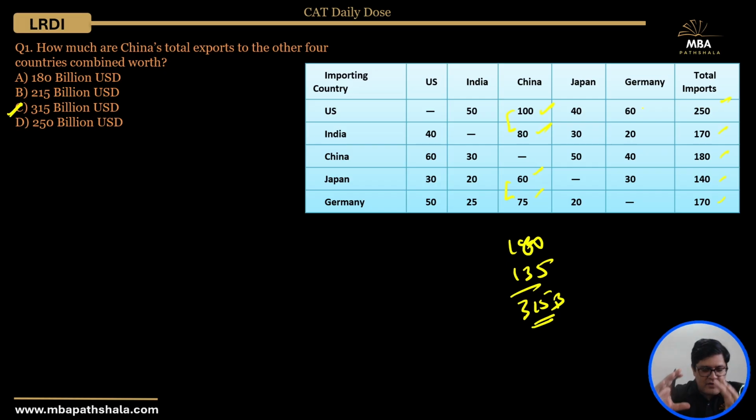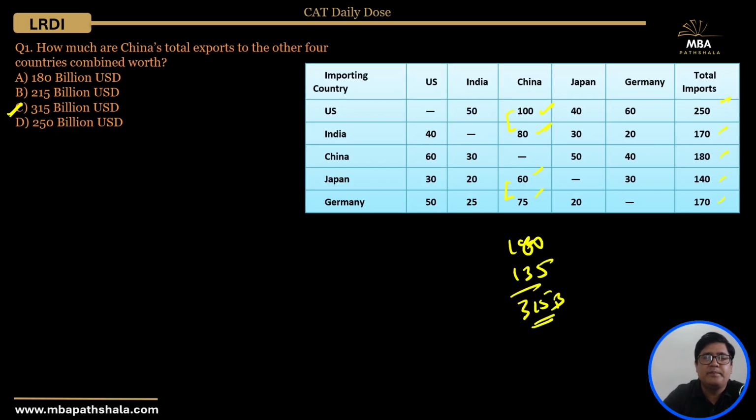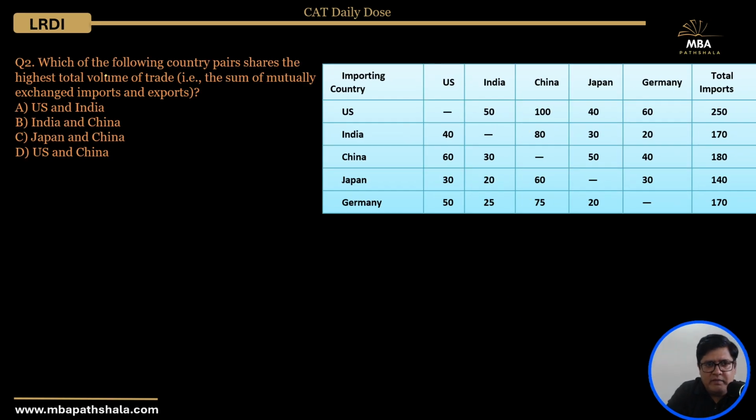Match these values in the table with what we have calculated earlier. I hope everything matches. Now you can answer these questions in hardly one minute each. Which of the following country pairs shares the highest total volume of trade, the sum of mutually exchanged imports and exports? If I talk about US and India, this is the trade between US and India.